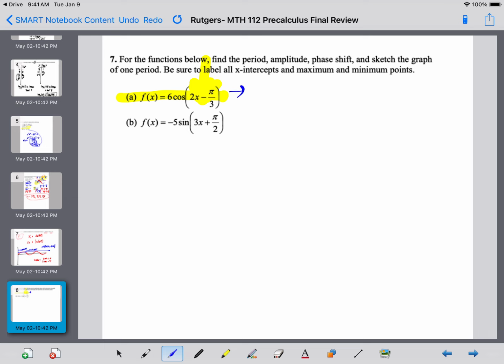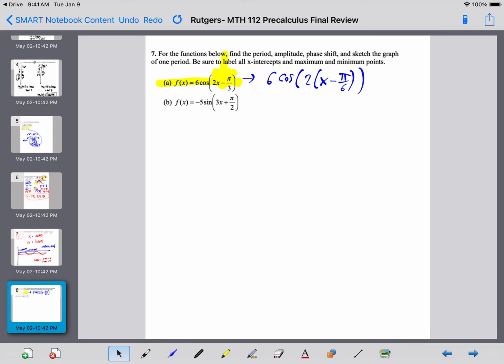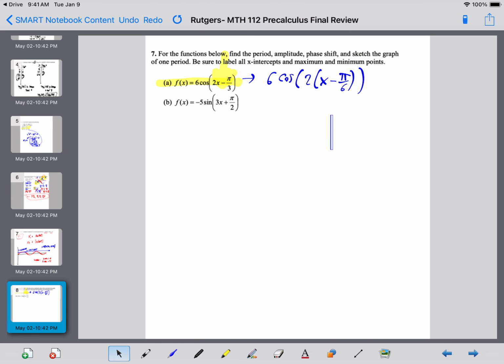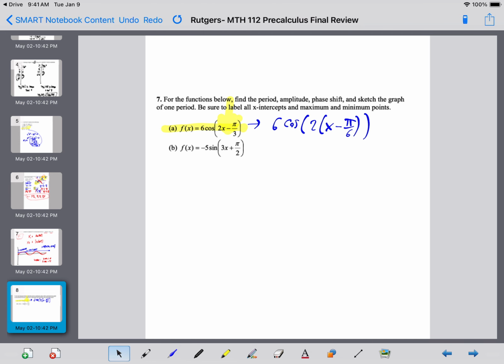It's just you're probably not used to factoring non-factorable questions. So we have cosine. I would pull out the 2. And now I have x minus pi over 6, right? Because remember, we have pi over 3 divided by 2. And yeah, 1 over 6, so pi over 6.